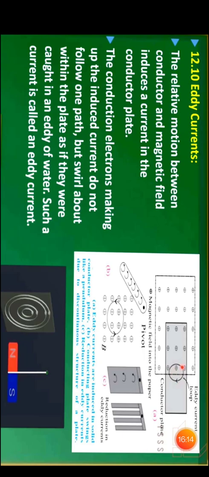The conduction electrons making up the induced current do not follow one path as they do with the loop, but swirl about within the plate as if they were caught in an eddy of water. Such a current is called an eddy current.